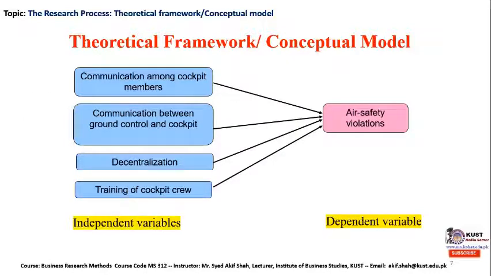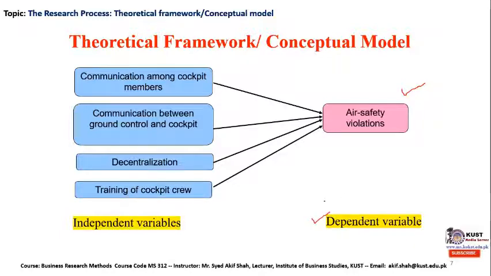In that body of text, the researcher has highlighted 4 important factors influencing the air safety violations of Delta Airlines. Air safety violation is the prime interest of the researcher, who would like to know the reasons for it.